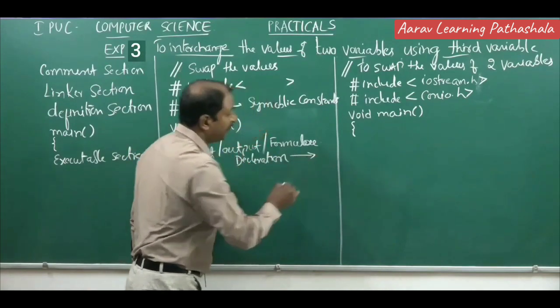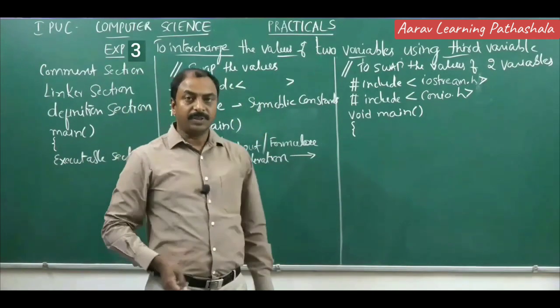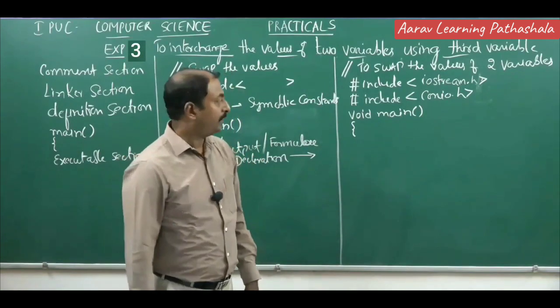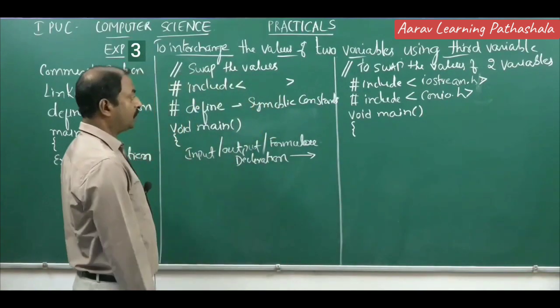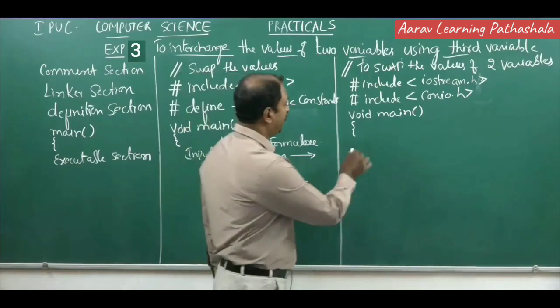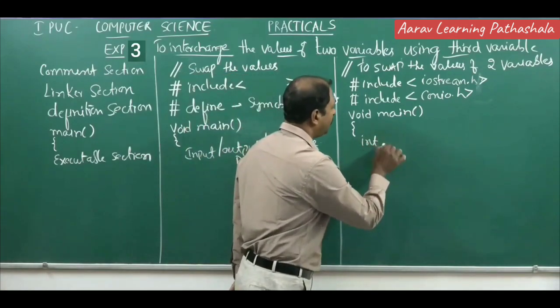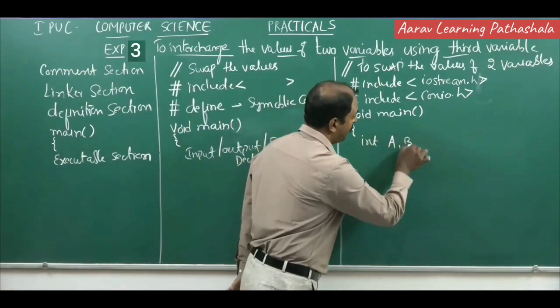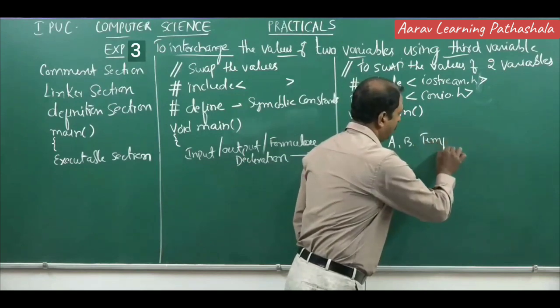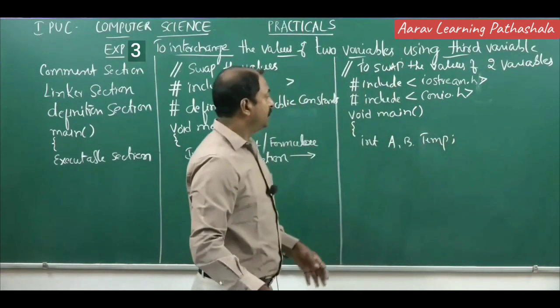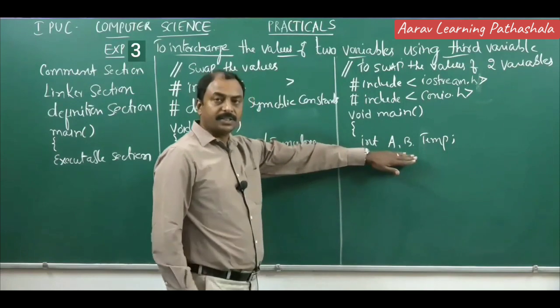Declaration section, the meaning is we have to declare the variables required for our program. In this example, I have to make use of three variables. For example, I can write int a, b, temp and semicolon. So this is the declaration section.